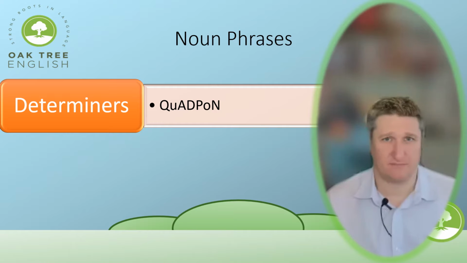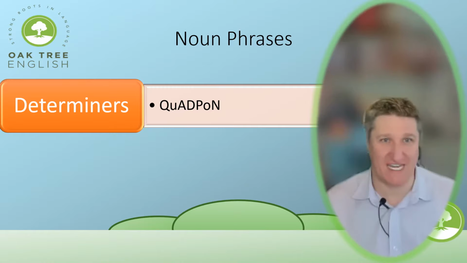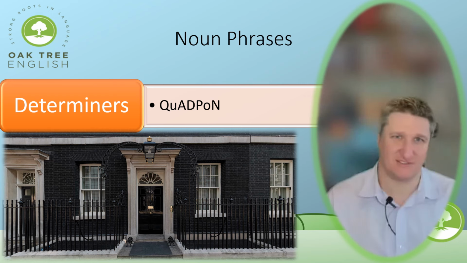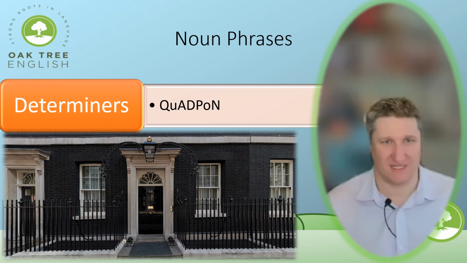For example, most of the 15 houses in Downing Street were demolished. This is one of the few that remain. Notice what we've got there. Most is a quantifier, of the is an article.